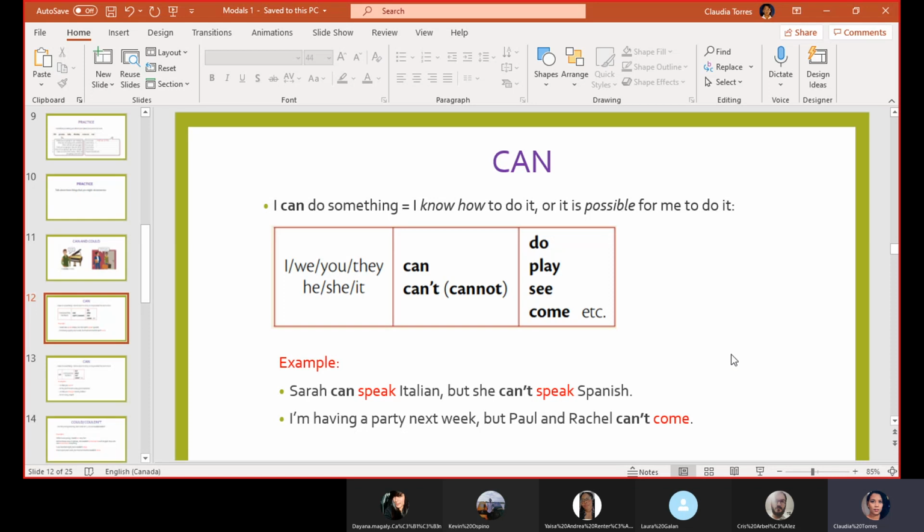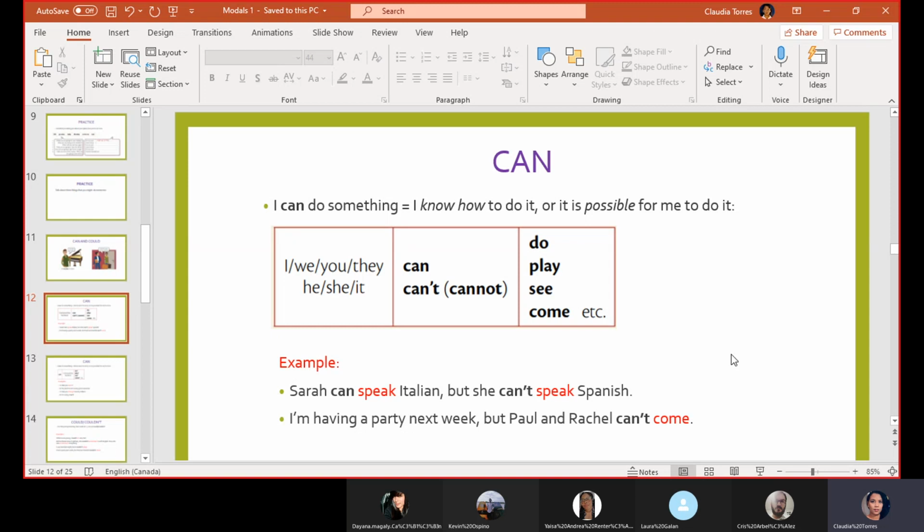So in the first part of the sentence, we have an affirmative form of can to talk about languages. Speak Italian, speak English. It's an ability, because it's something you learned to do, and not everyone can do it. So you develop a skill and you can be good at that ability or not.